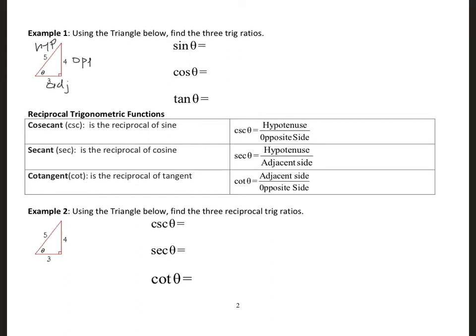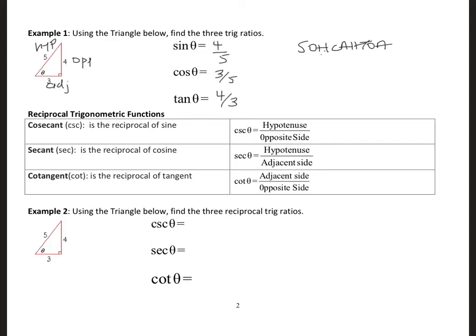So the sine is going to be 4 over 5. Remember, I'm using SOHCAHTOA. Cosine is going to be 3 over 5. And tan is opposite over adjacent. Always write SOHCAHTOA, that way you keep referencing it.